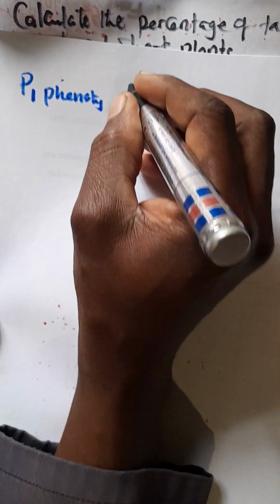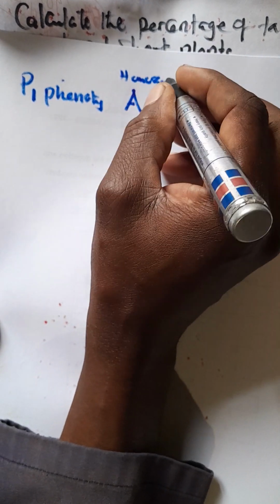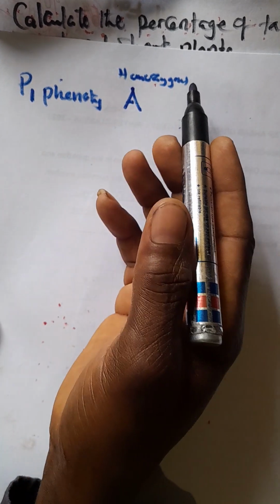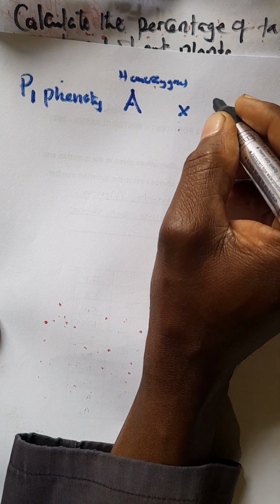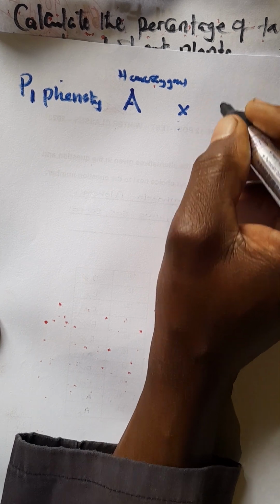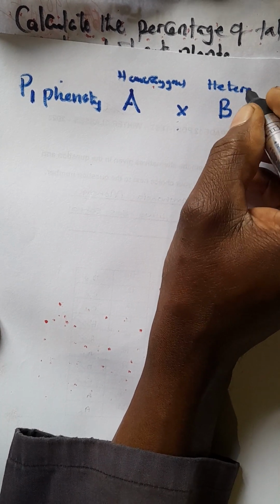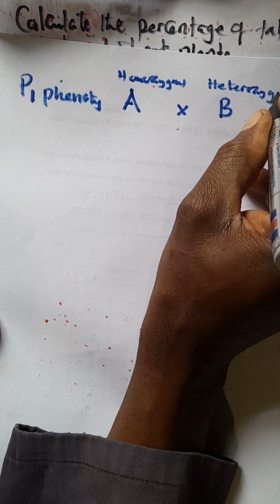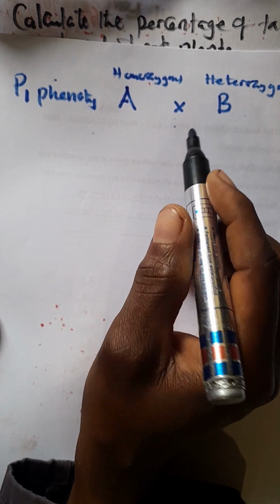But you don't need to write homozygous, you just say blood type A. He marries a woman who is heterozygous blood type B. So these terms are very important. So homozygous blood type A and heterozygous blood type B.